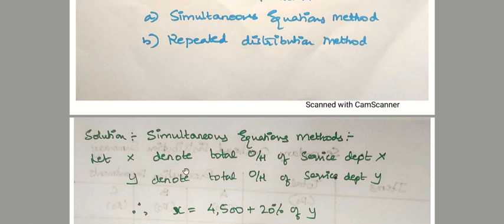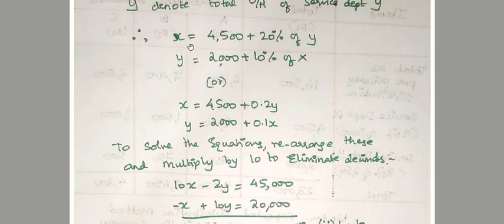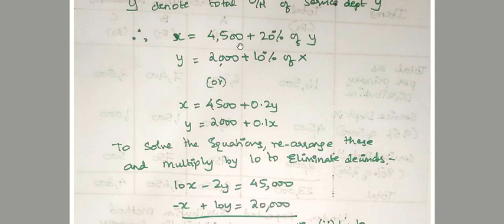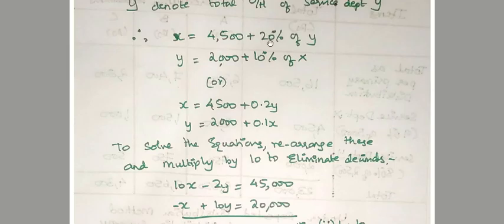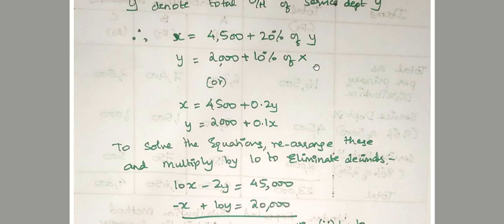Let X denote total overheads of service department X, and let Y denote total overheads of service department Y. As per the equation, we have X is equal to a plus b of Y. So X is equal to, what is your service departmental cost of X? 4,500 plus 20% of Y. This is your total expenses of service department X, and department Y is equal to 2,000 plus 10% of X.